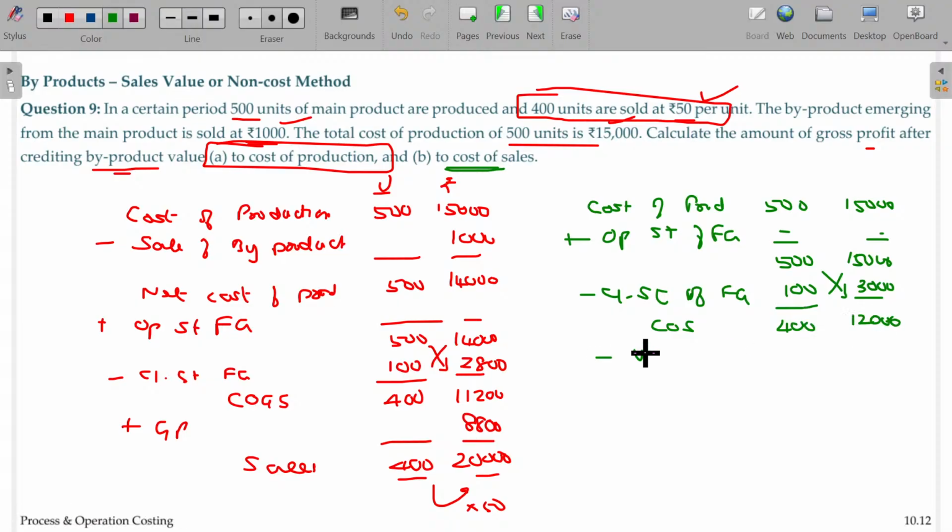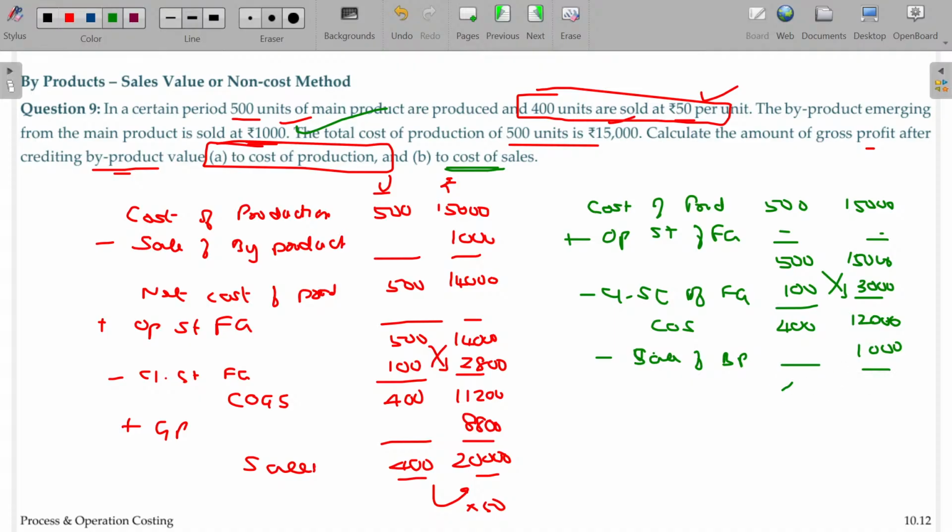Now the sale value of the byproduct is adjustable here. Where you adjust is the matter. We can have multiple ways of handling the byproduct value. One is either crediting directly to the P&L account, or it may be adjusted to the cost of production, or it may be adjusted in the cost of sales. So here it is adjusted in the cost of sales model.